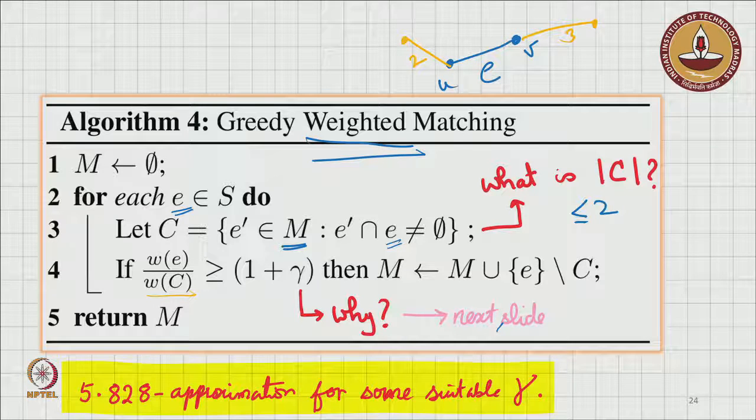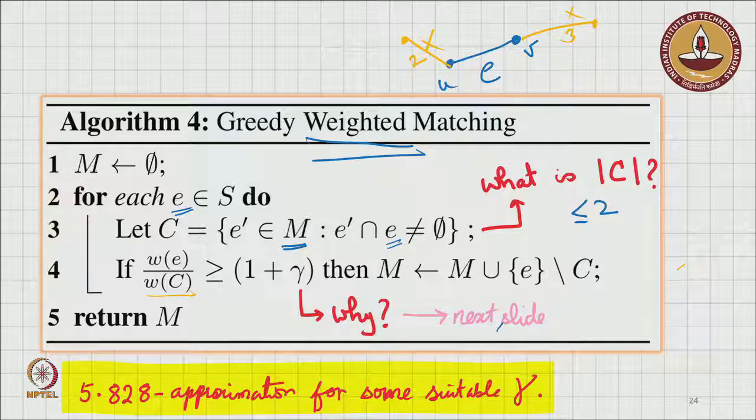Okay, we ask whether the current edge E from the stream is good enough for us to include in the matching, because if we were to include E, then we would have to throw away these two edges. So before we include E, we want to make sure that it's worthy of being included, because that will mean that the other two edges have to be thrown out, right?